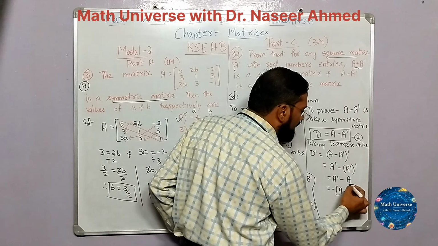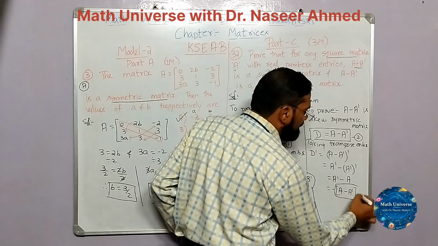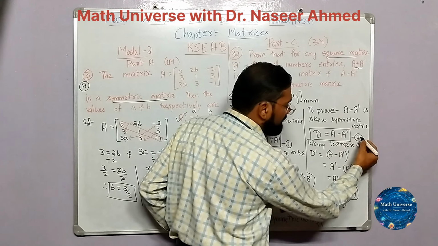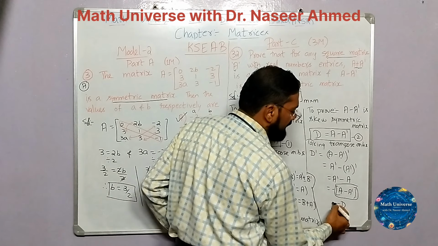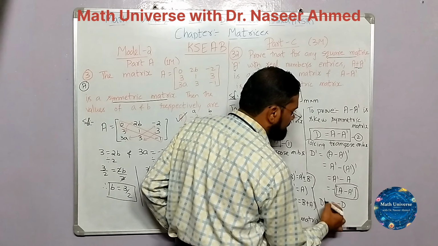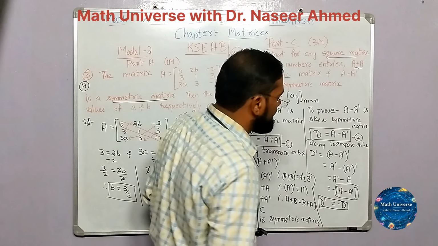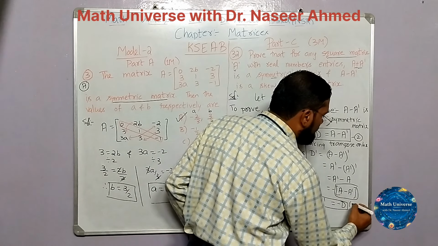Now you see carefully only this part. This is exactly same as this, so I will take it as D from equation number 2. Minus is there, so minus D is equal to D transpose. So I have proved that it is a skew symmetric matrix, and I got this from equation number 2.